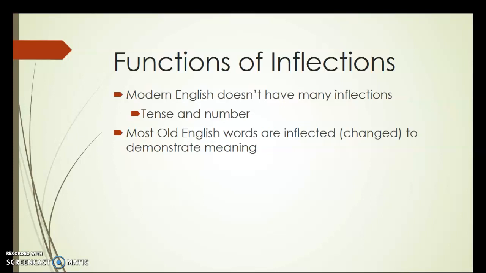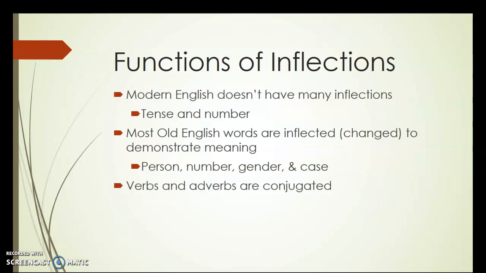When nouns, pronouns, adjectives, and demonstratives are inflected, we say they were declined, okay? These word categories are declined to show person, number, gender, and case. In other words, first, second, third person, singular, plural, masculine, feminine, neuter, and grammatical case or word function.